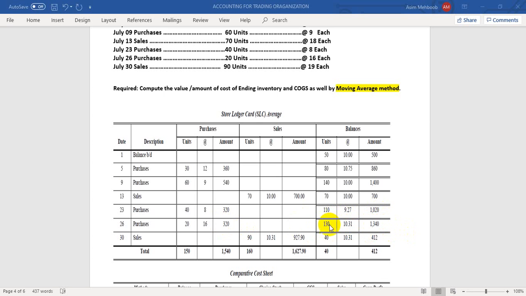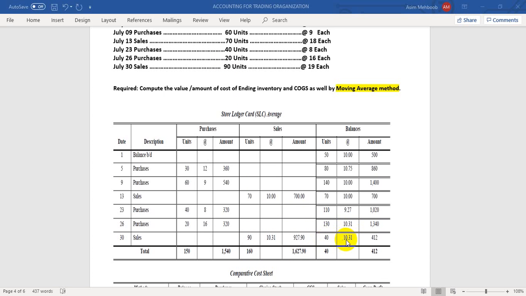Now you have only one kind of inventory, neither the latest nor the oldest. Now you have to sell 90 units, you have only one inventory, sell it from here. 130 minus 90. So out of 130 you are selling 90, so how much remaining? 40 units.